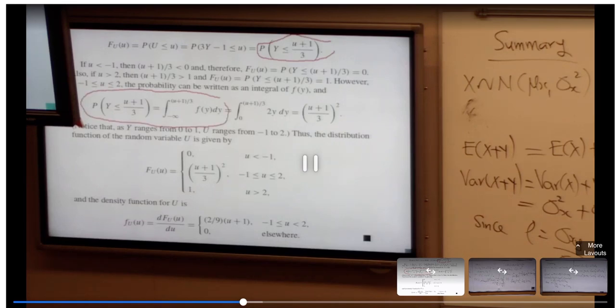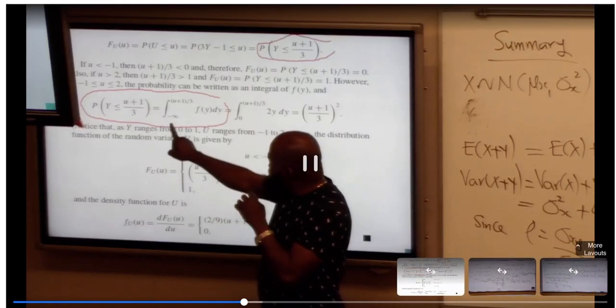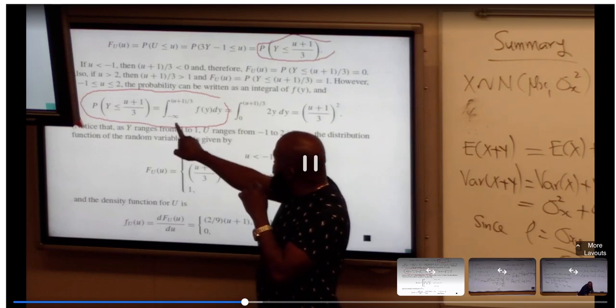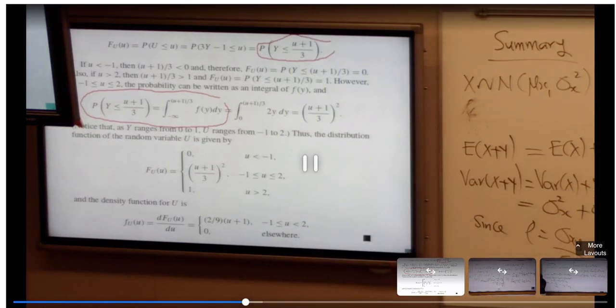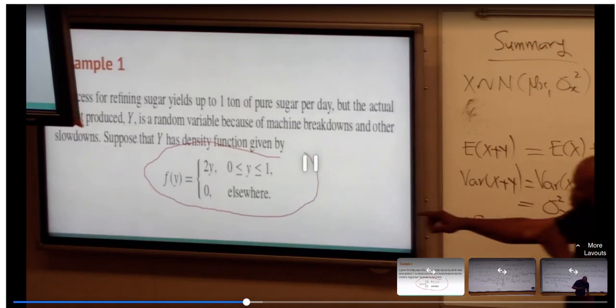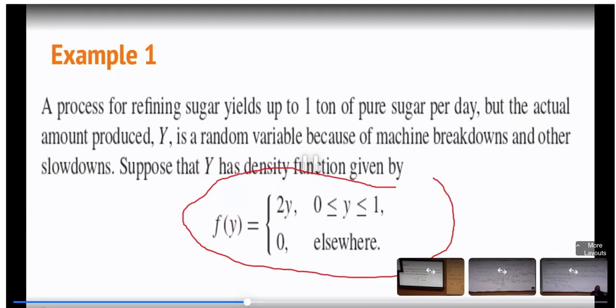Do you see that? But I want to find the probability of y less than or equal to this. And that's going to start from the lower bound. You have to use the lower bound in the question. Of course, if you want to see the lower bound, you can come back here. You see the lower bound here, 0. Whatever lower bound is given.